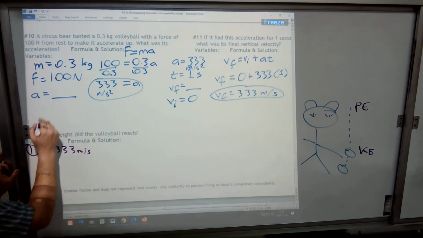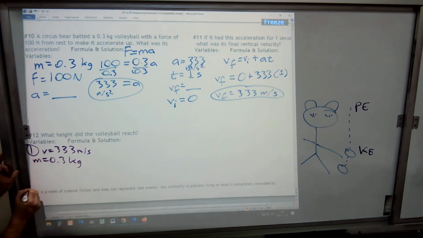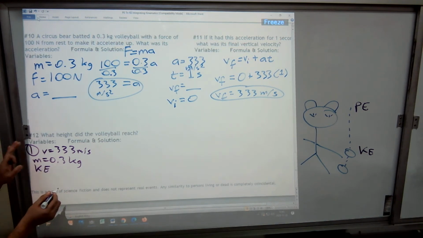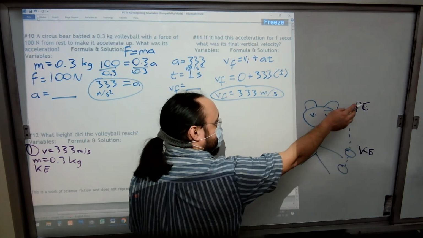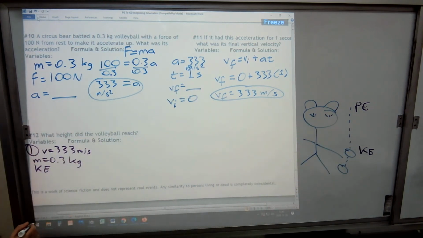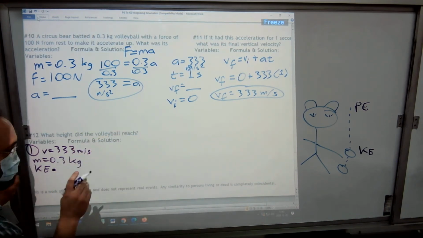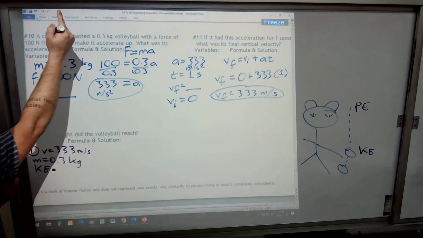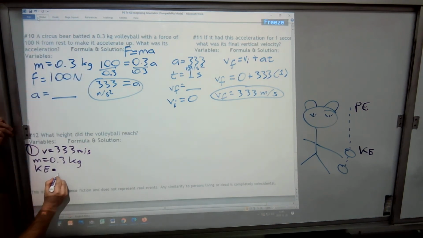Its mass is still 0.3. And let's find its kinetic energy down there. Then we're going to plug it in for PE like we've been doing, except it's a little bit backwards now. We figure out how fast it's going down there, we figure out how high it's going to go up there. It'll change all its kinetic energy into potential energy once that ball stops at its maximum height.